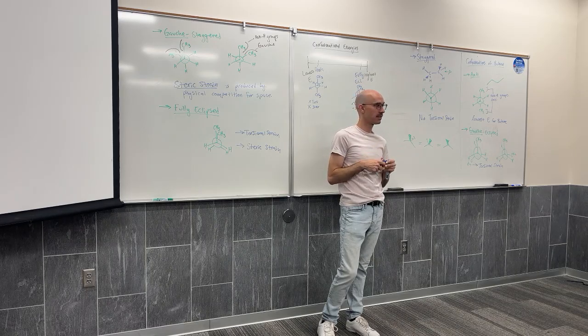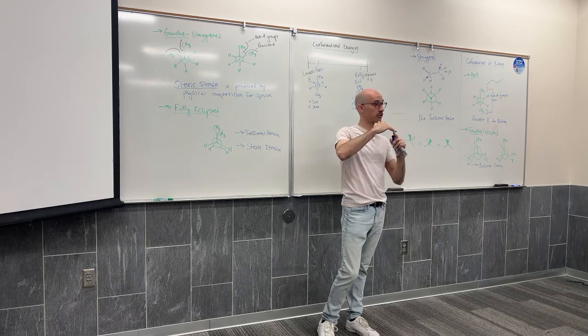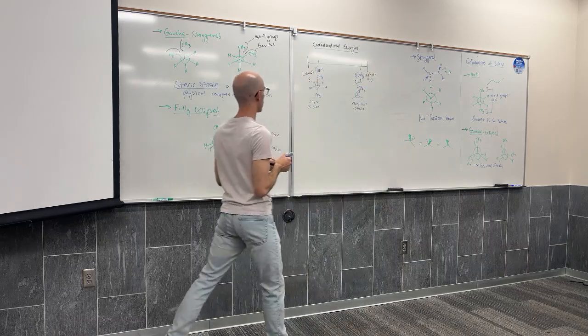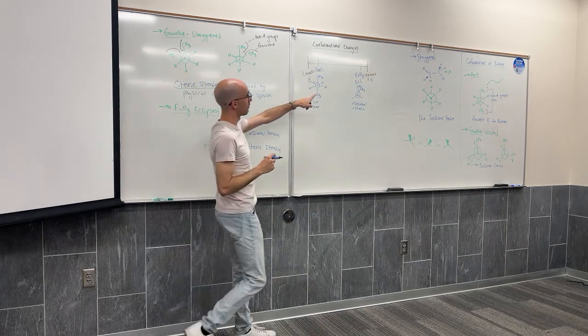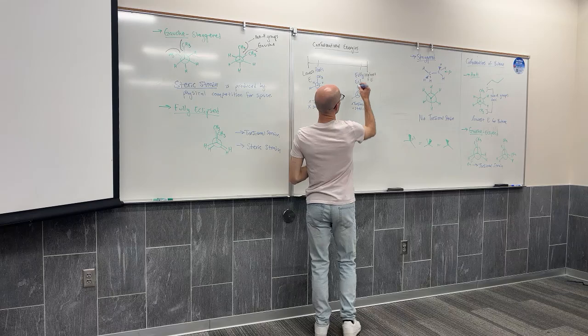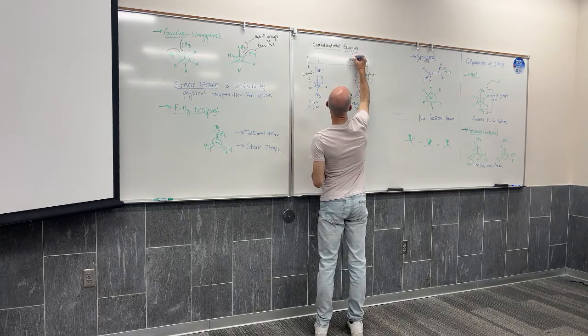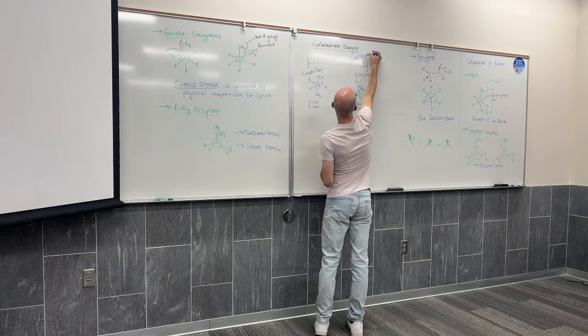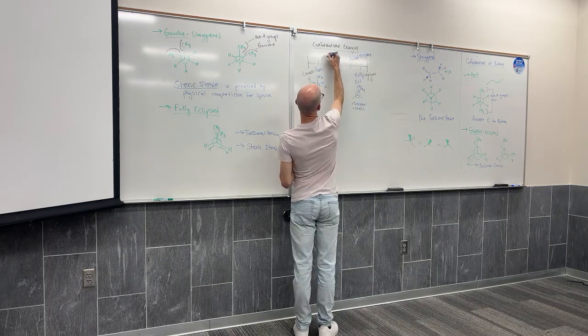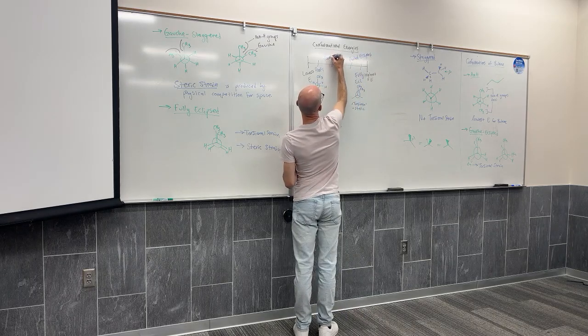Fair question. The answer is torsional strain. Torsional strain is stronger. Torsional strain causes more of an energy difference. That means that my next highest here is my gauche eclipse. And my next lowest energy is gauche staggered.